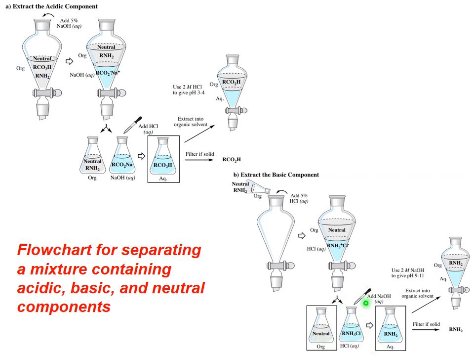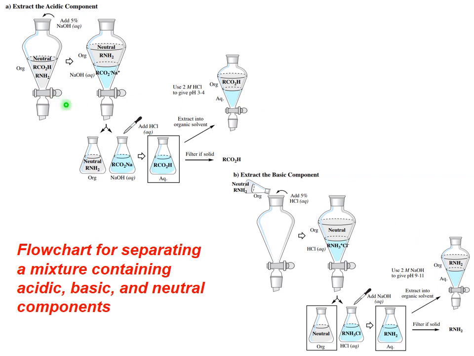Then we again neutralize, this time adding sodium hydroxide, so we have the amine in our aqueous phase and bring it back into organic solvent. As a result, we have our acidic compounds, neutral compounds, and basic compounds in organic solvent, and we can process them as we want.